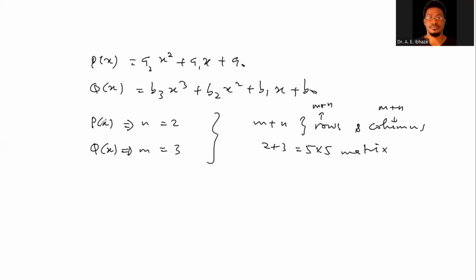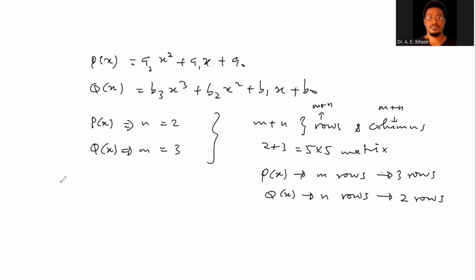Now, since P(x) is of degree 2, for P(x) we have m rows, while for Q(x) we have n rows. There's a swap. So it means for P(x) we have 3 rows, while for Q(x) we have 2 rows.